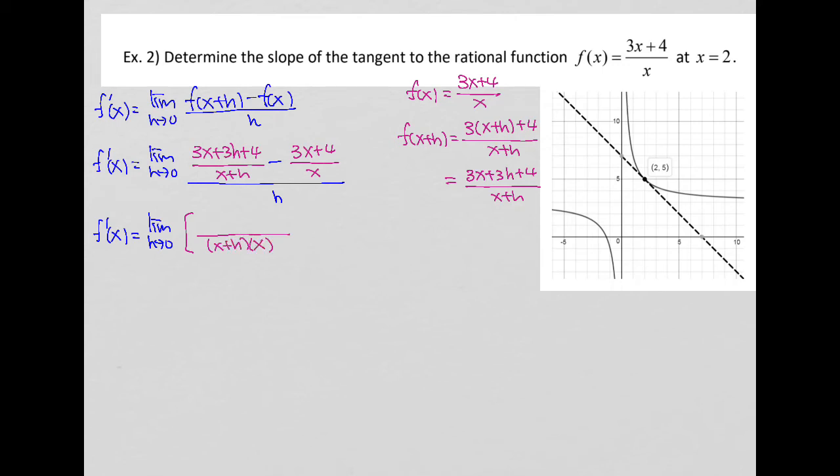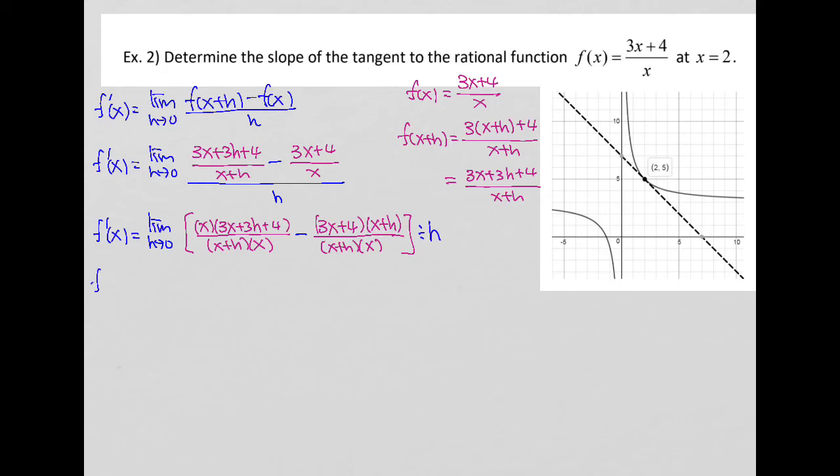So the first fraction, they have to multiply by an x on the numerator. The second fraction, they have to multiply by an x plus h in the numerator. Divided by h.